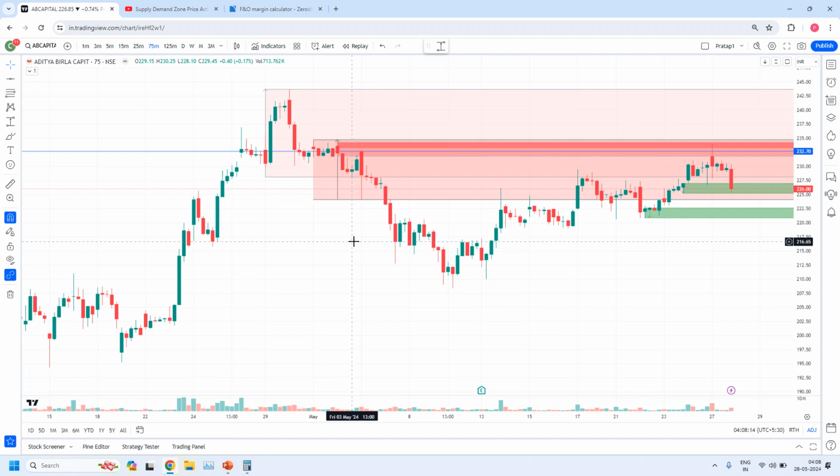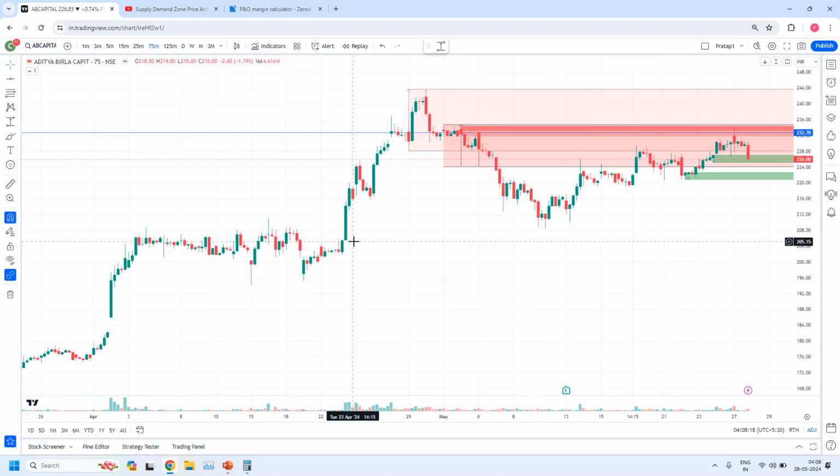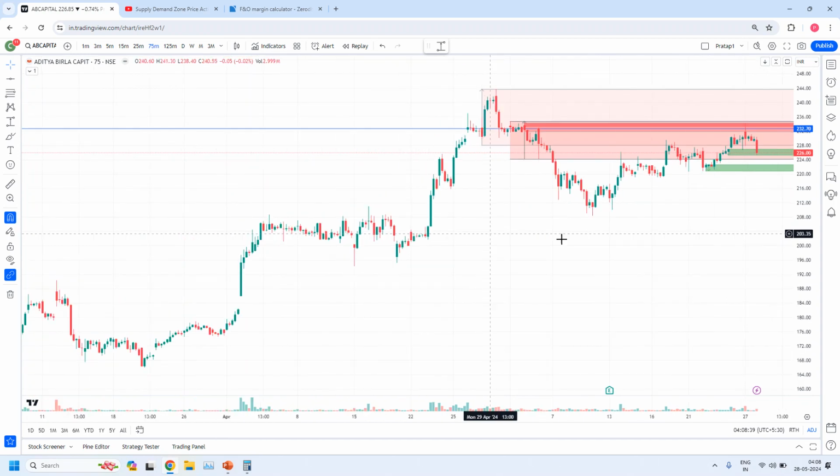Sometimes 2 weeks, 3 weeks it will take to get inside the zone. If that is the case, for the stocks already inside the zones, if you don't look into them, you will be missing these trade opportunities. That's why every week I am showing you the list of stocks closed inside the weekly zones. Every month I am showing you stocks closed inside the monthly zones.